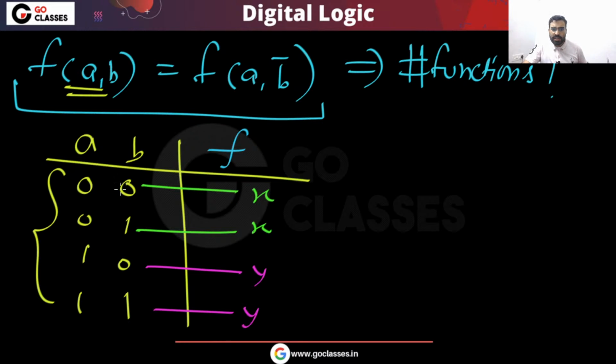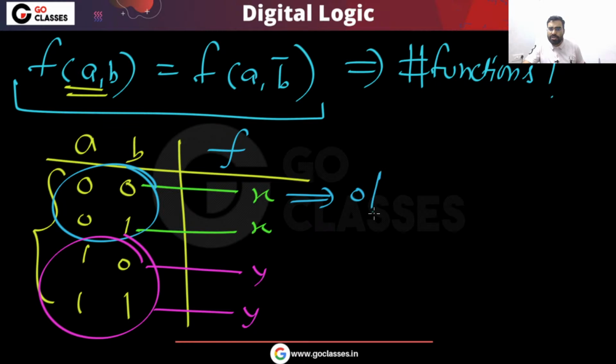For these two rows the function value should be the same, and for these two rows too. Now it is very simple. This x can be 0 or 1, and this y can be 0 or 1. If I write 0 here, then I should write 0 here, because they must be the same.